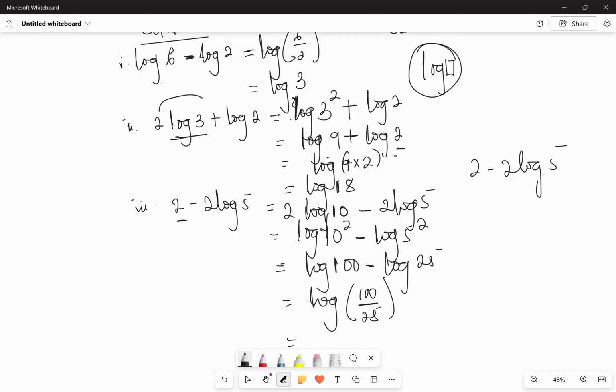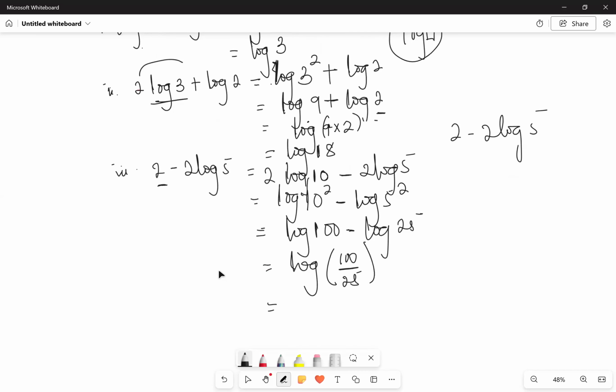So that will be equal to log, 100 on 25 is what? Is it 4? Yeah, that will be log 4.